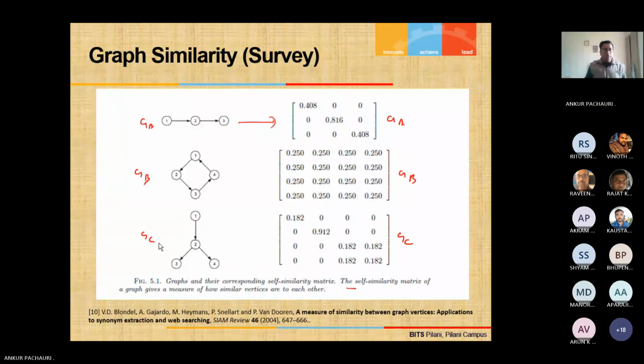Okay, so where can this be used? For example, if this is the similarity score for node 3 and 4, that means node 3 and node 4 are exactly similar to each other, as well as node number 1. So in that case, they can be swapped. They can be replaced by each other or something like this.